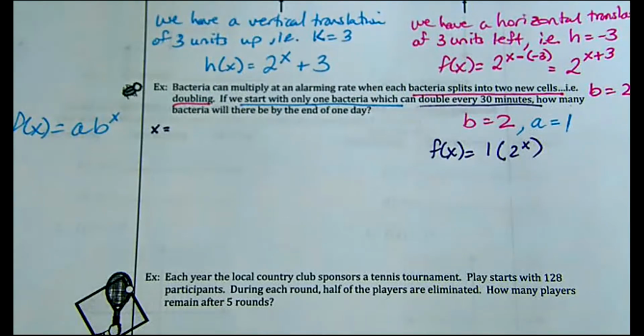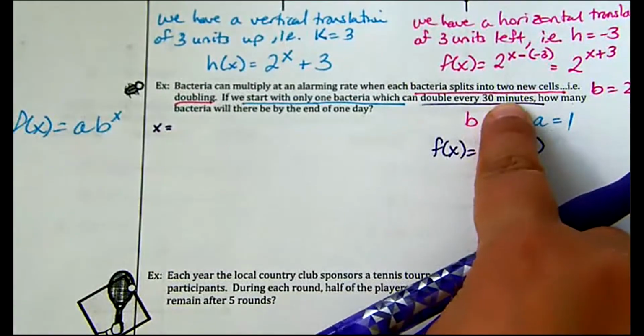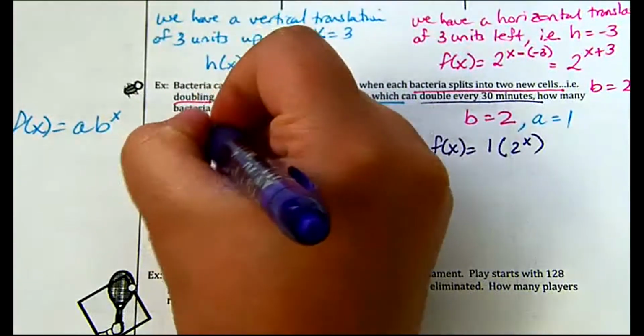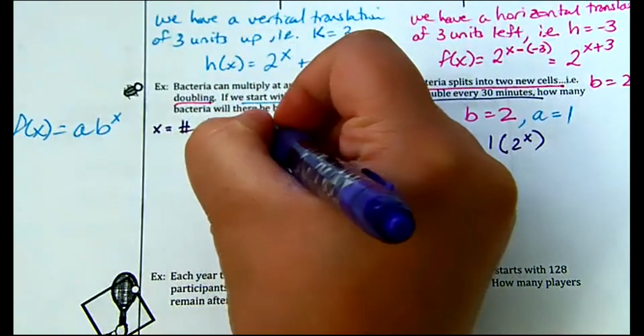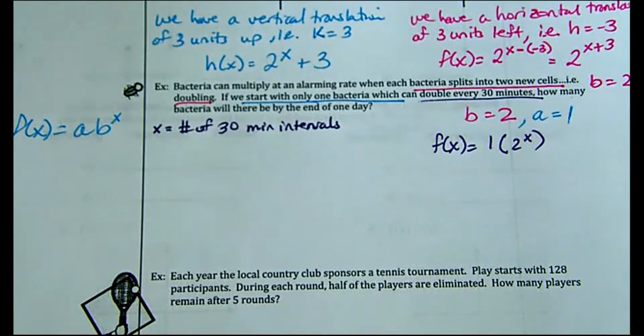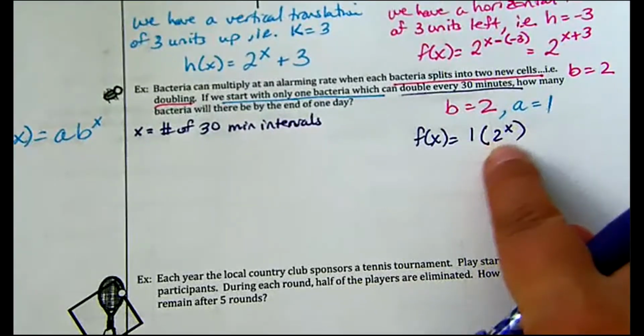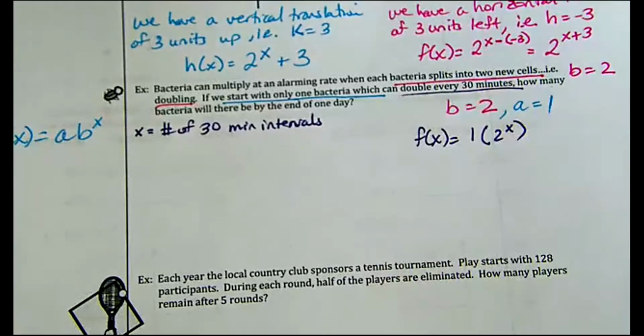X equals 1 means 1 30-minute interval. X equals 2 means 2 30-minute intervals. So our x represents the number of 30-minute intervals. That's what our x represents, because it doubles every 30 minutes. So this action takes place every 30 minutes.